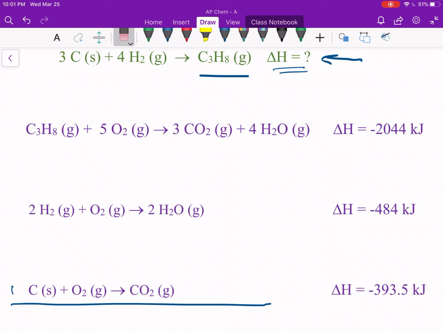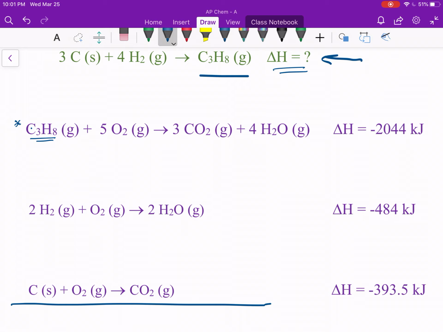Well, when I look at manipulating reactions, basically I'm looking for things that are unique. So in this case, I see that reaction 1 is the only source of C3H8 of all 3. In reaction 1, it's on the reactant side, but it's on the product side of the reaction that we want.